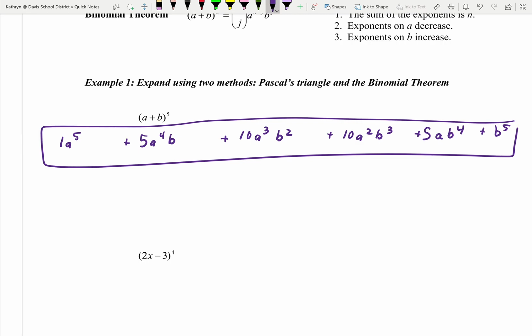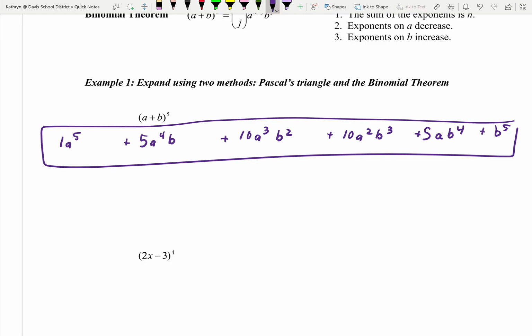Can you imagine how long it would take us to write a plus b times a plus b times a plus b times a plus b times a plus b, foil these two, still have one left, distribute them all out? It's going to take forever, and you'll end up at that. So it saves so much time.